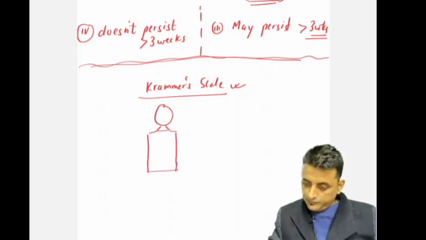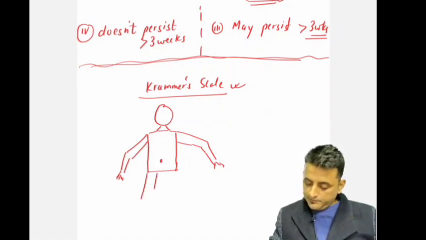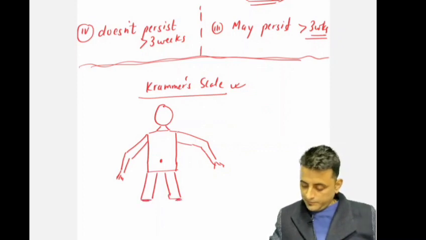So to make it more clear, I am drawing a picture here. Okay, so this is the umbilical level. Okay, this is the level of knee.